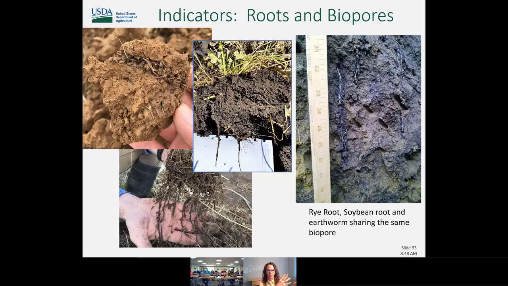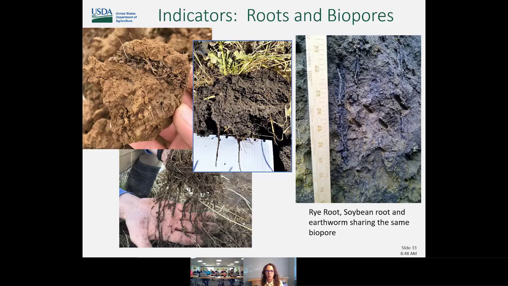You've got roots growing in there, several different types of roots, and some evidence of some frass in there from earthworms or other organisms. So that channel has been there and is being used by a number of different types of organisms, plants and insects or earthworms or other.